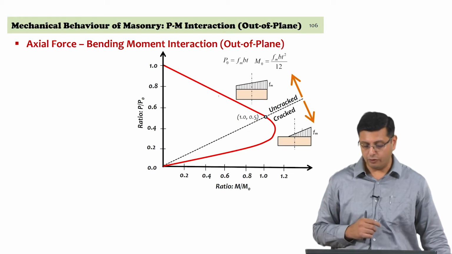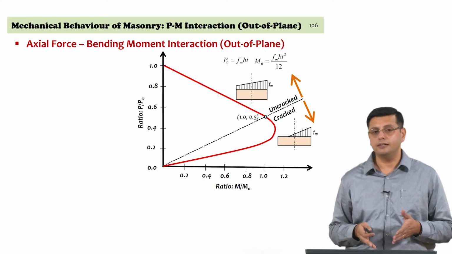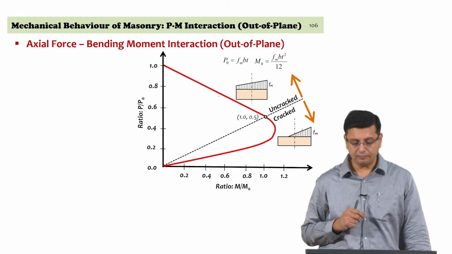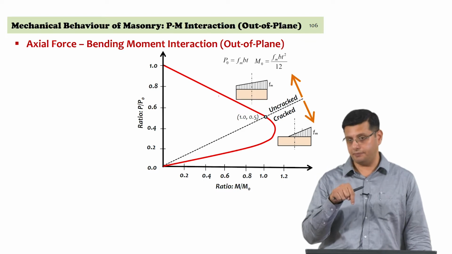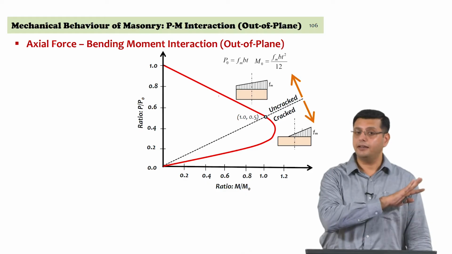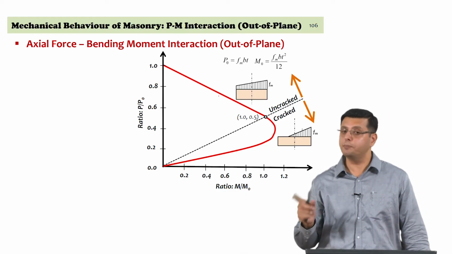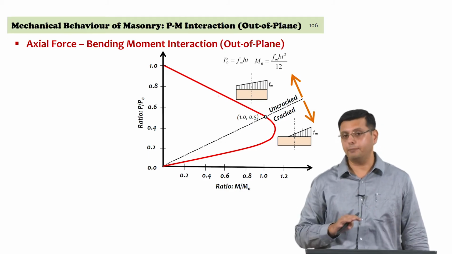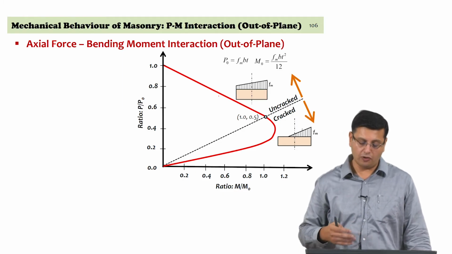Here we are looking at a normalized interaction surface for a wall bending out of plane, and the load acting is the axial force with a certain eccentricity. So, it is different from the lateral force based failure mechanisms that we have been looking at in terms of the out of plane capacities. This is a different representation because the action on the wall is different.